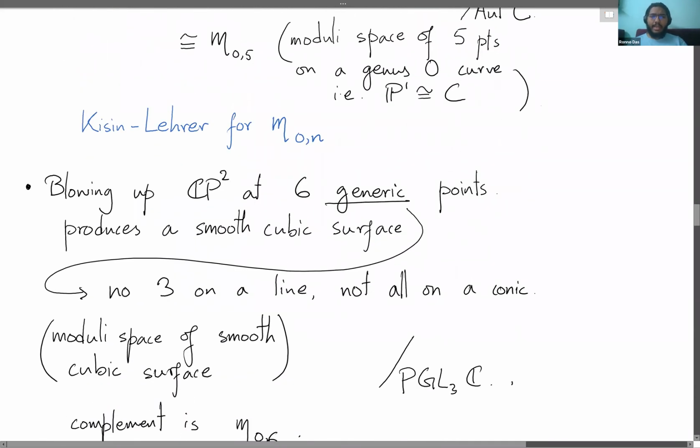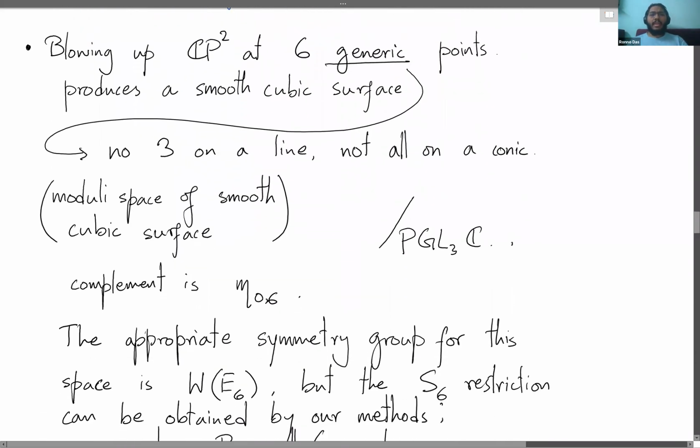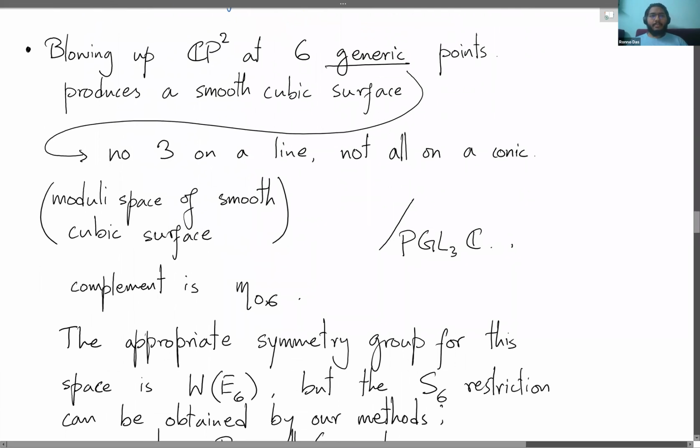What about other n? So if I look at x6, if I insist that my 6 points not only have no 3 on a line, but also are not all 6 on a conic. There's one conic through 5 points, but for general 6 points, there's not going to be any conic through them. So people are also interested in such configurations of 6 points.